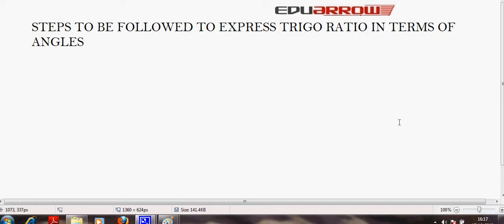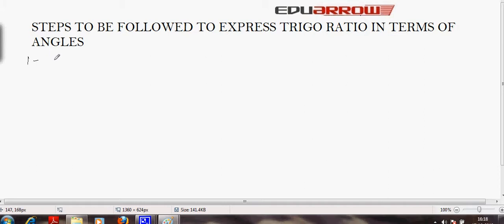In this tutorial, we will see what steps we should follow while expressing the trigonometric ratio in terms of angle. There are some steps. The first step says that we have to see whether the given angle is positive or negative.